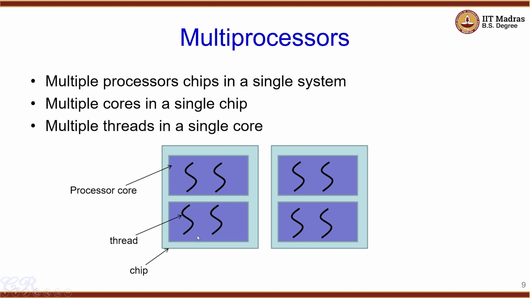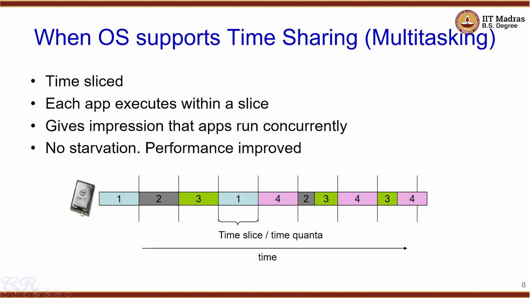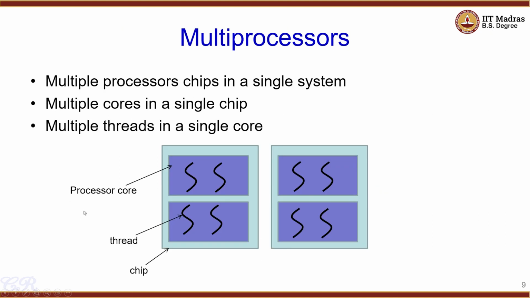So your operating system should be able to handle such situations as well. Unlike what we've seen in the previous slide where there is just one processor present, here you have multiple processors and multiple threads, and your OS should be able to handle such a scenario.